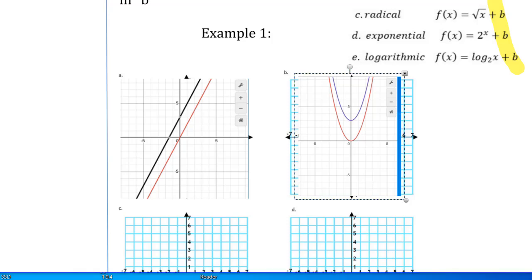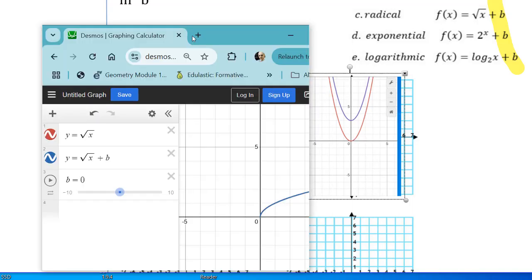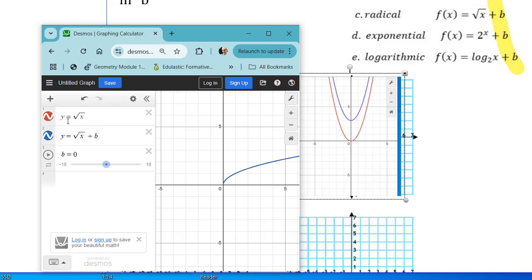Let's take a look at the next one, which is a radical equation. What does adding b to that one do? So here you can see I have the base function, y is the square root of x. Then I have y is the square root of x plus b. Let's slide b around.